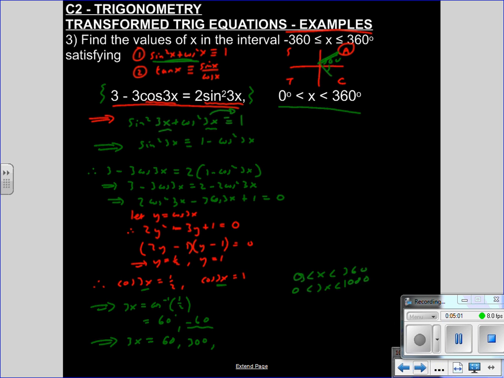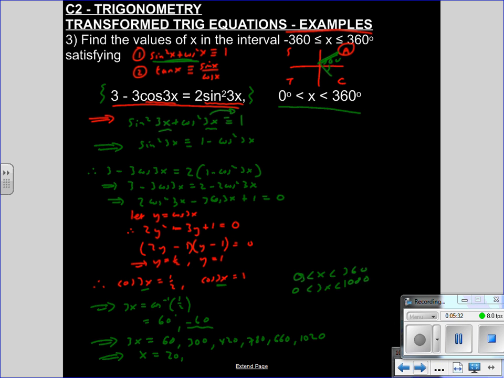Now we'll add 360 to both: 60 plus 360 is 420, plus 360 is 780, plus 360 is 1140, that's too big. 300 plus 360 is 660, plus 360 again is 1020. And that's all the values within our domain.